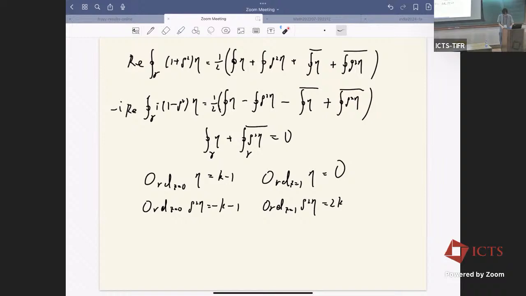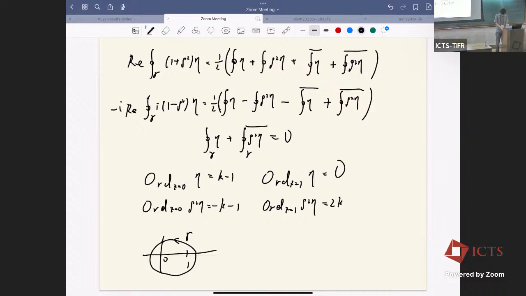So again, remember the loop gamma is defined this way. The gamma surrounds 0 and 1. And we want the loop to collapse to a real line segment.